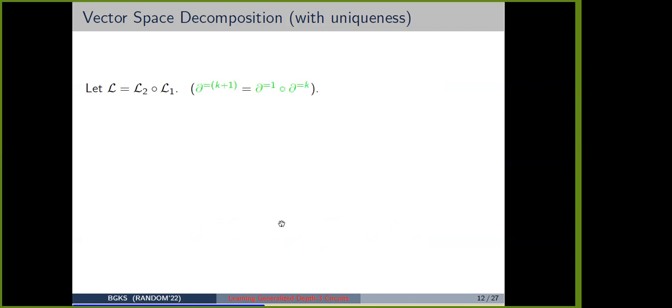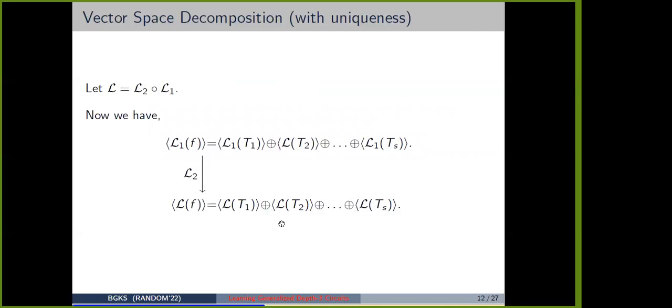For example, if you look at (k plus 1)th order partial derivatives, that can be thought of as a composition of kth order partial derivative with first order partial derivative. So now we have the following. We have a vector space, let's call it U, and you can write it as a direct sum of UIs. UIs are what you get when you apply L1 on TI.